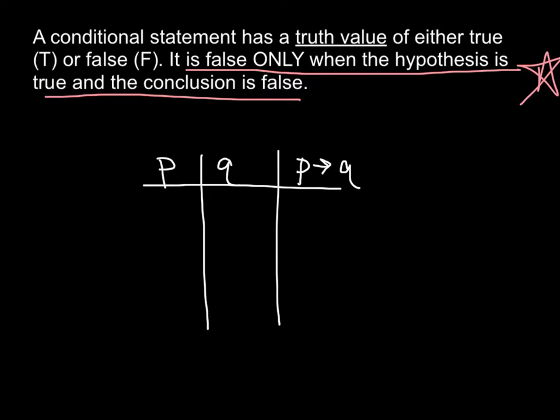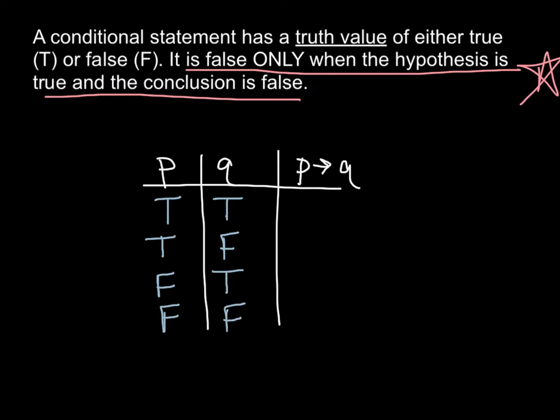We could have a true hypothesis and a true conclusion. We can have a true hypothesis and a false conclusion. We can have a false hypothesis and a true conclusion, or we can have both of them being false.